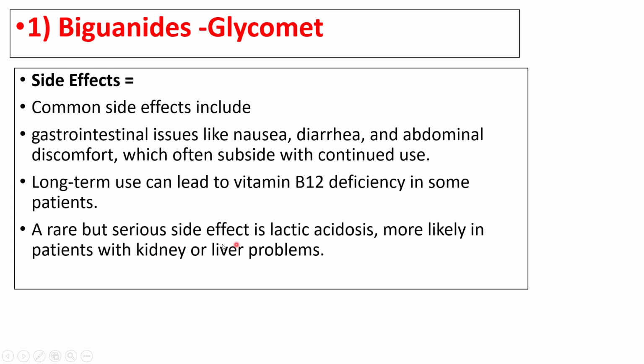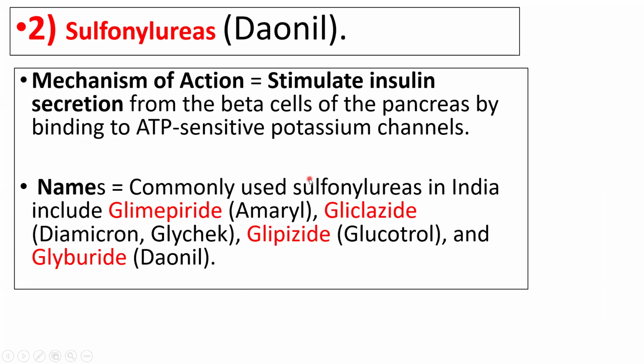Here, hepatitis B, then liver damage because of liver cirrhosis, fatty liver, liver cancer, then be careful while using Glycomet. What can you do? You can do a renal function test every month, urea and creatinine, and a liver function test every 2 or 3 months, and check whether there is any problem. But basically, you must try to avoid these drugs in kidney and liver diseases.